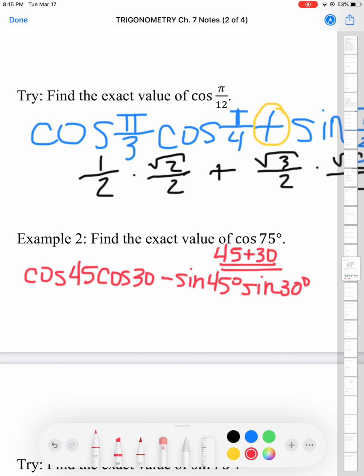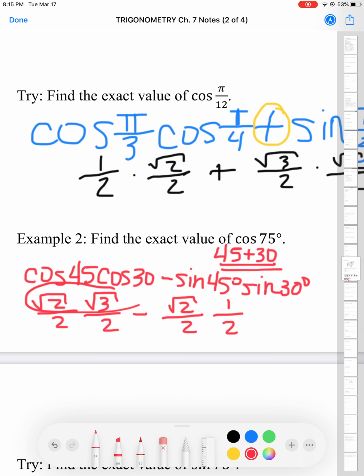So cosine 45 degrees is root 2 over 2. Cosine 30 degrees is root 3 over 2. Sine 45 degrees is root 2 over 2. Sine 30 degrees is a half. So this would give me root 6 over 4. Uh-oh, it's not letting me write. Sorry, guys.